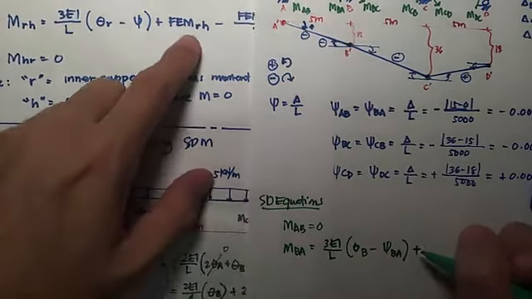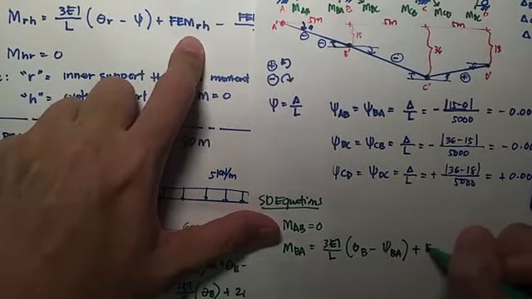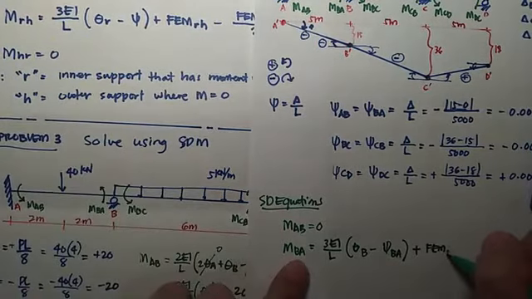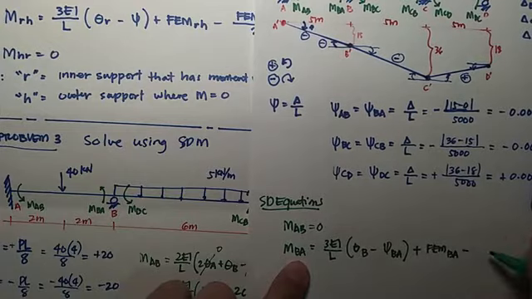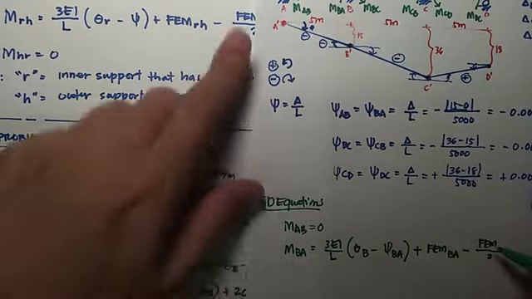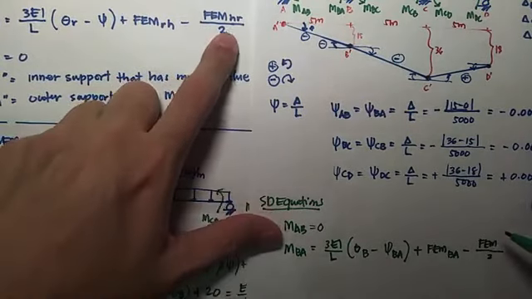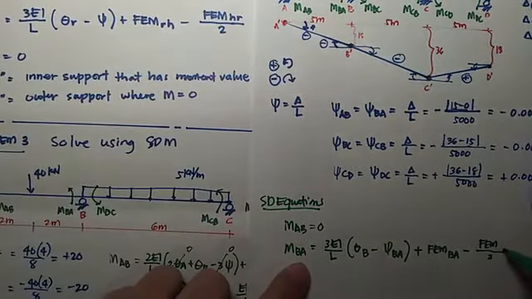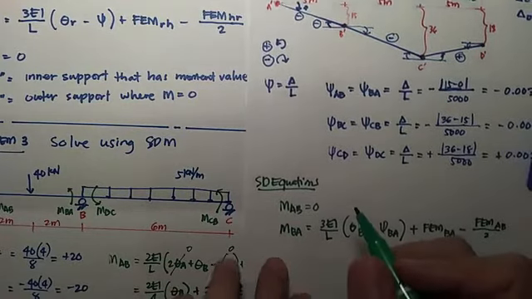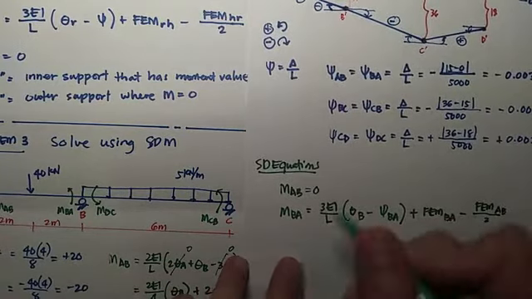Plus the FEM on RH. RH is the BA. Minus kalahati ng FEM, kalahati ng FEM ng HR. HR is the AB. So, ayan. Okay, so substitute natin yung mga values.